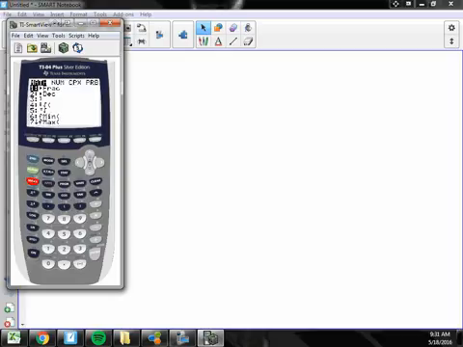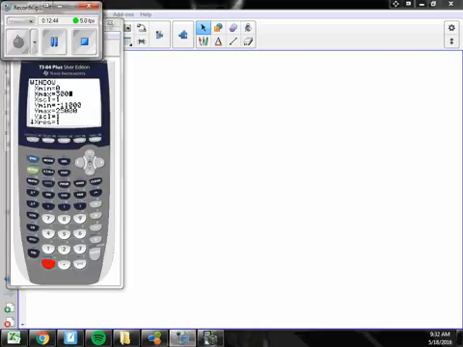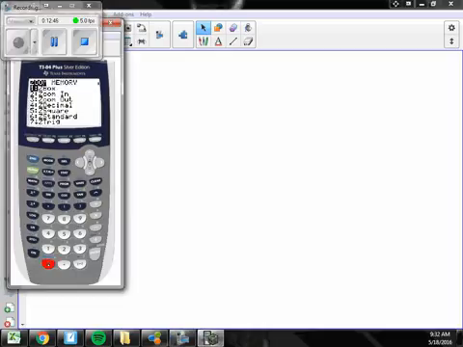-1.25. Oh, shoot. X squared plus 300x minus 2000. And they gave us an x window, which is nice. Then we do zoom 0. I messed up.